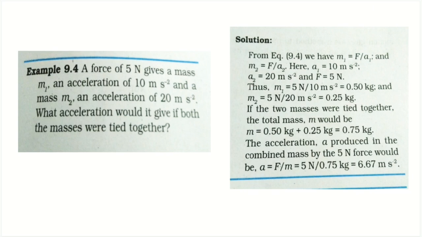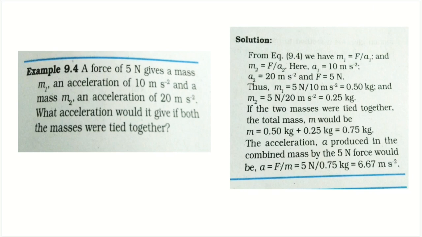To find out the individual mass, we use the equation F equal to ma, which implies m equal to F by a. Therefore, m1 is given by F by a1 and m2 is given by F by a2.